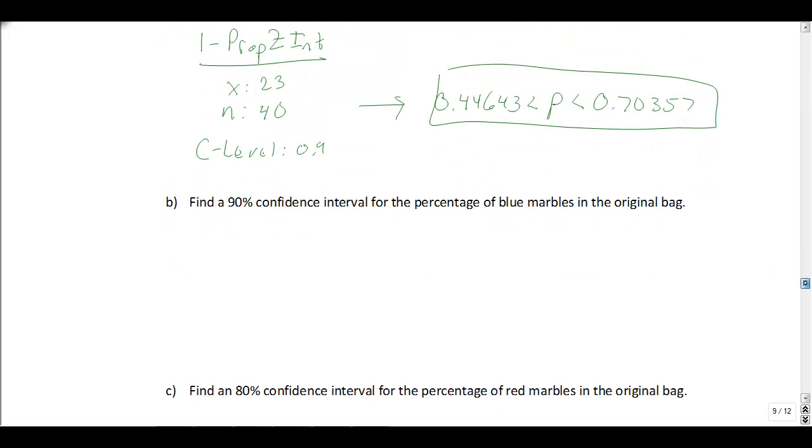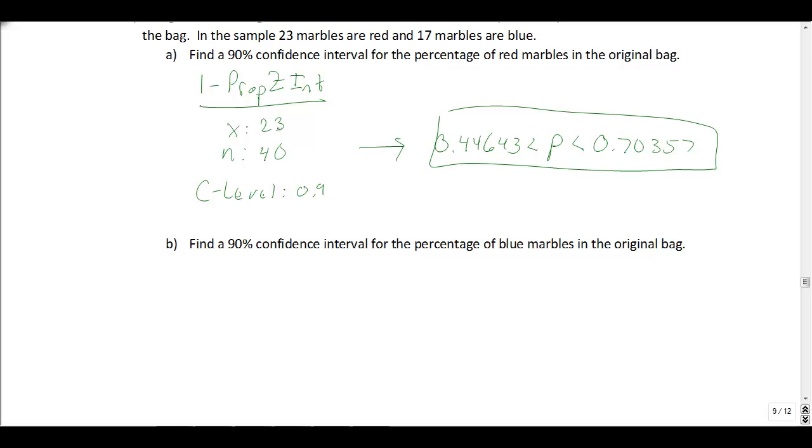Now for blue, we do the same thing, but instead of 23, we get 17. So we're going to do the 1 proportion z interval. Now this x changes to 17, and it's 40. Confidence level is 0.9 still.